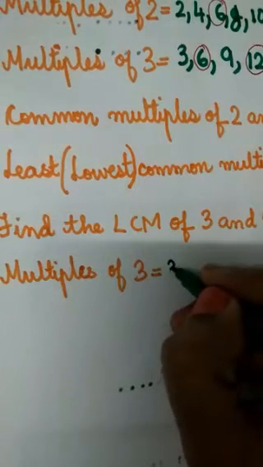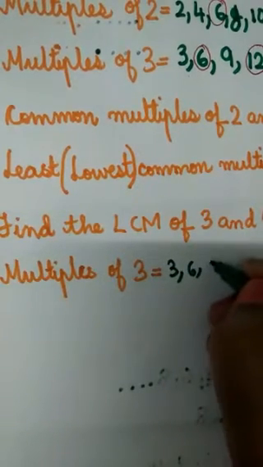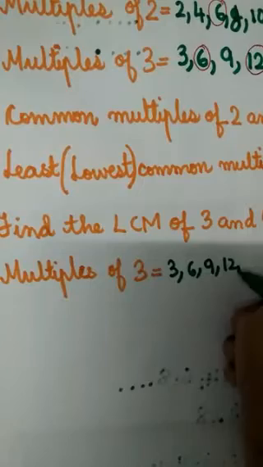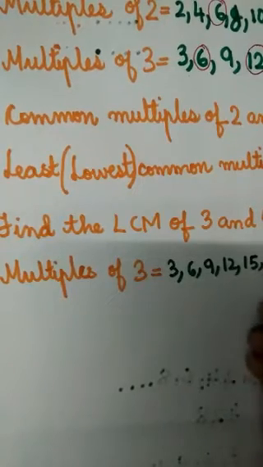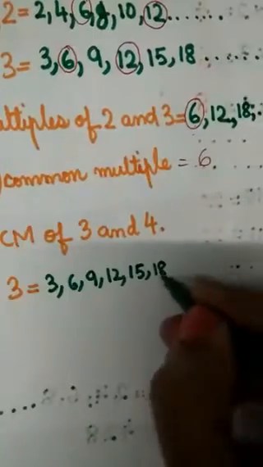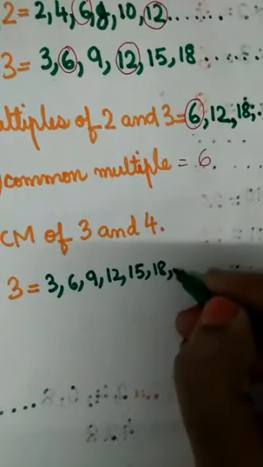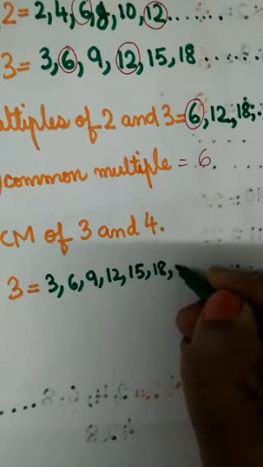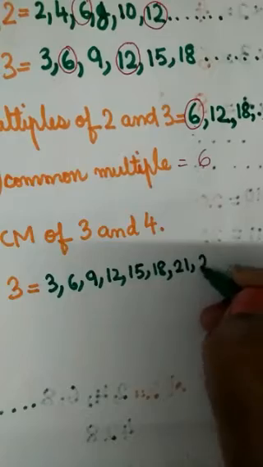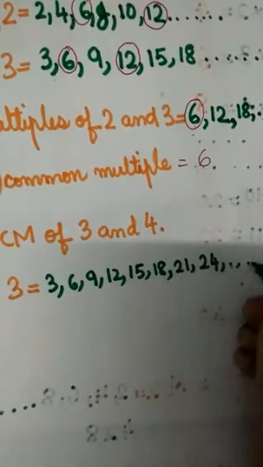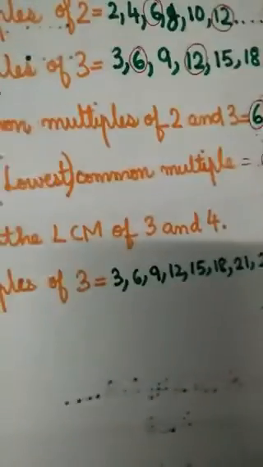Table of 3. 3 1s are 3, 3 2s are 6, 3 3s are 9, 3 4s are 12, 3 5s are 15, 3 6s are 18. Okay, let me write it a little longer. 3 7s are 21, 3 8s are 24, and then I'm going to put dot dot because it is going to be very long.